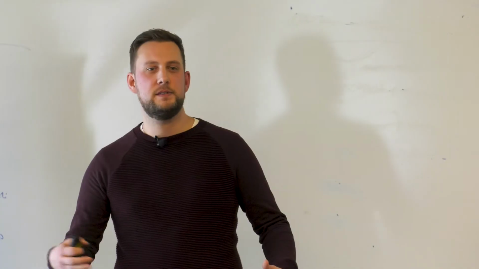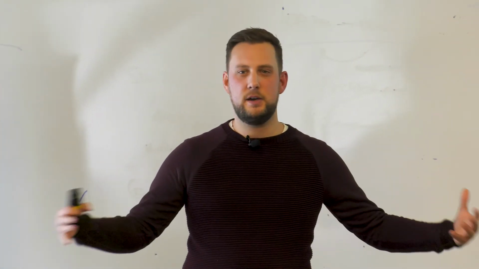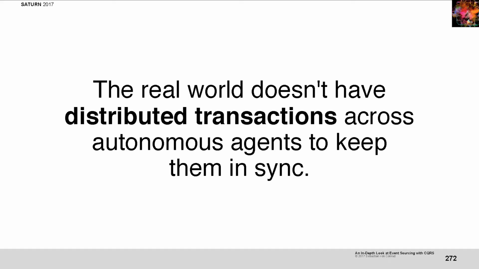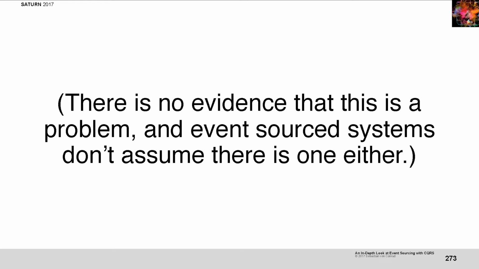And that's how our reactors and projectors work as well. Yes, they are eventually consistent, but they do the best with the information that they have. The real world also doesn't have distributed transactions across autonomous agents to keep things in sync, and neither do we. And there is no evidence that in the real world this is a problem. And in event sourced systems, we don't assume that there is one either.